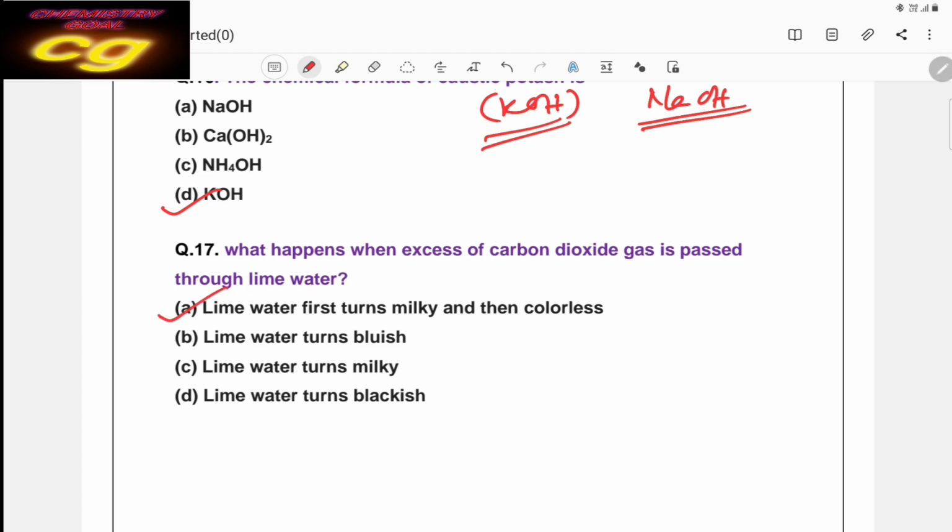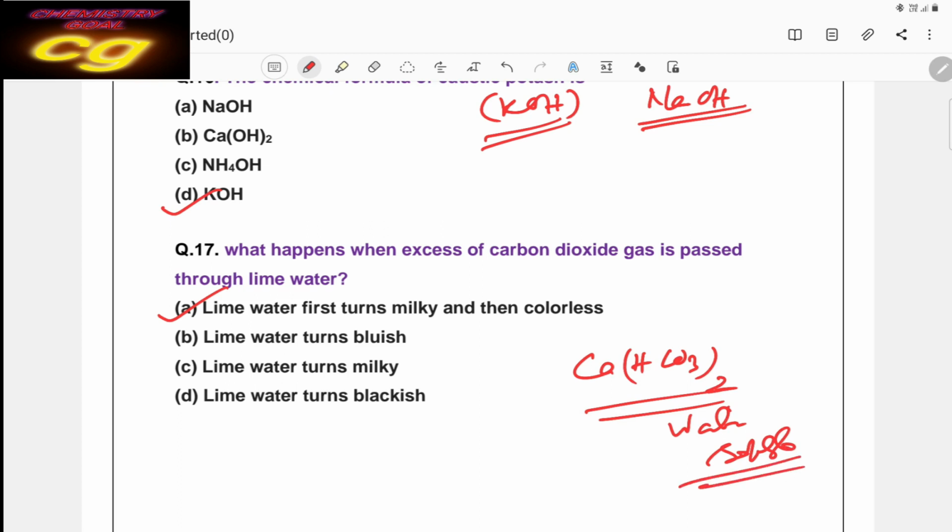This is the answer, because of the formation of calcium bicarbonate, which is water soluble, that's why it is colorless. First it produces calcium carbonate solid, which is water insoluble, then when you pass more carbon dioxide, you produce soluble calcium bicarbonate, that's why it is colorless.